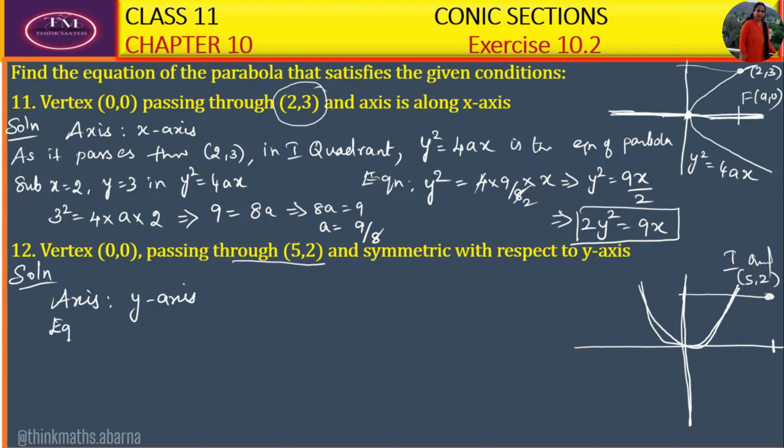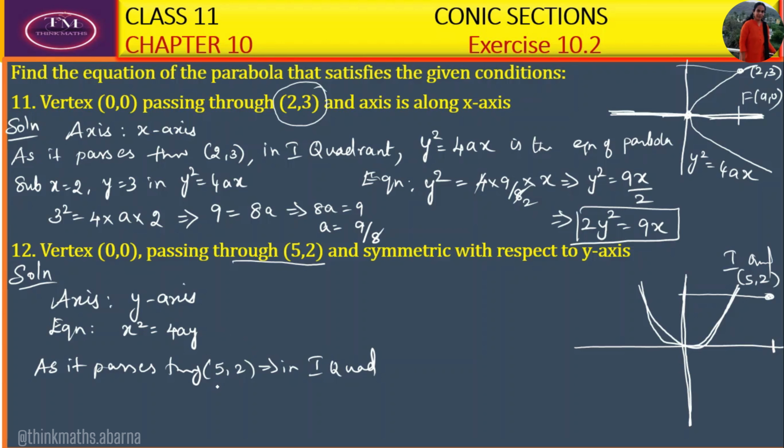So the equation is x square equal to 4ay. So as it passes through 5 comma 2 which is in first quadrant, this is the reason we get x square equal to 4ay.